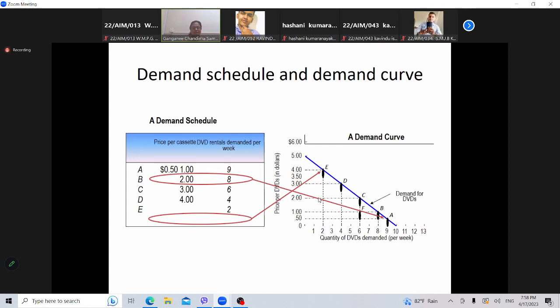Very easy. If we know the demand schedule, we need to draw these two axes. Normally price is taken on the y-axis or vertical axis, and quantity demanded is taken on the x-axis or horizontal axis. Then based on these values, we can put, related to the price, what is the quantity demanded. Then we can draw this demand curve.